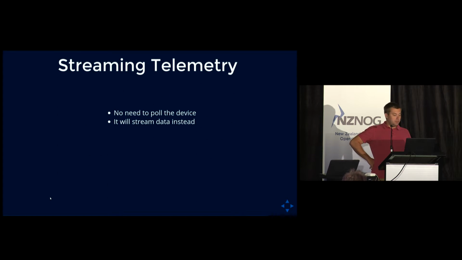So the other part of it is streaming telemetry. If you want to do automatic remediation, you probably want to have some telemetry because you want to have a feedback loop. You can stream all the counters, from CPU counters to interface counters and many others as well.